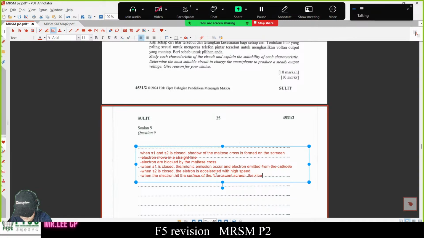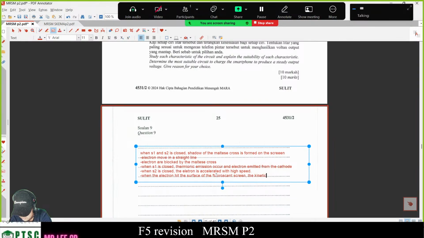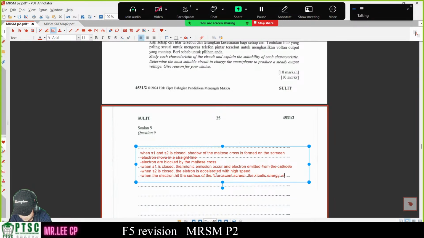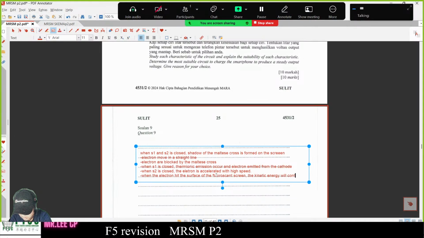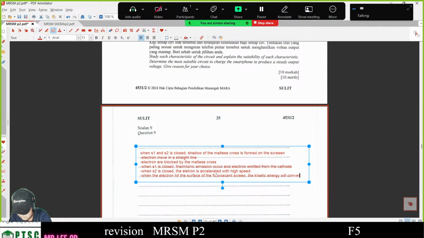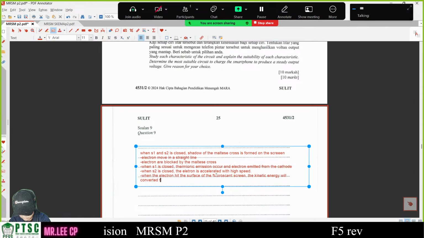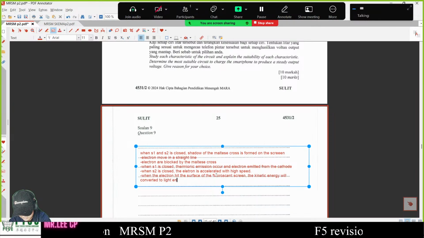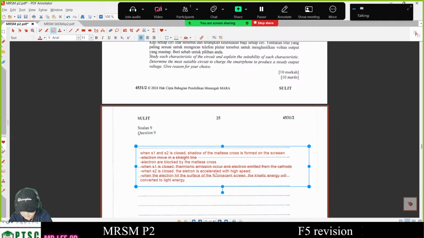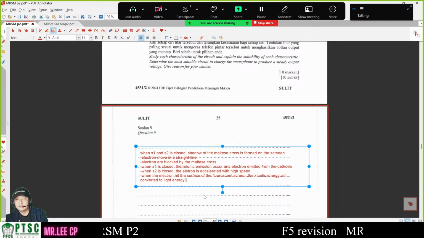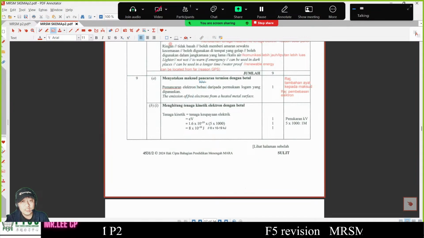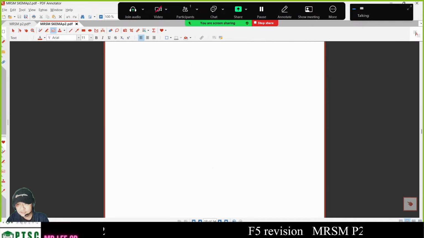The kinetic energy will be converted to light energy. Okay. So this is what I have. So we try to have a look into the answer.